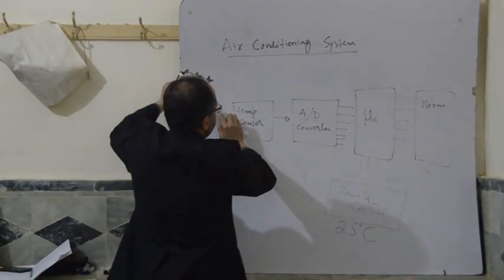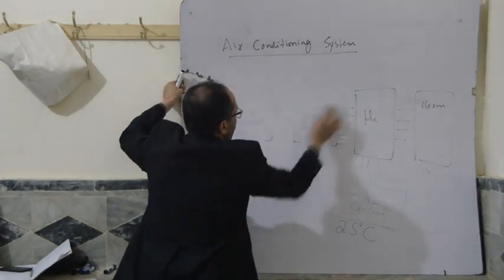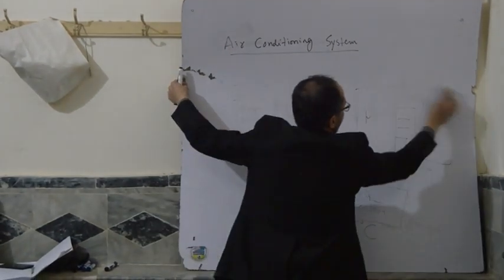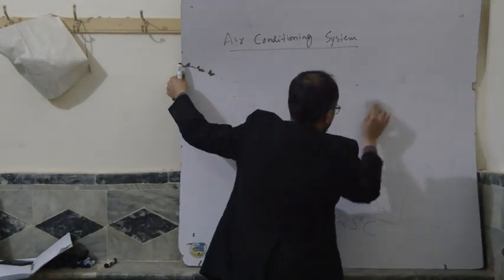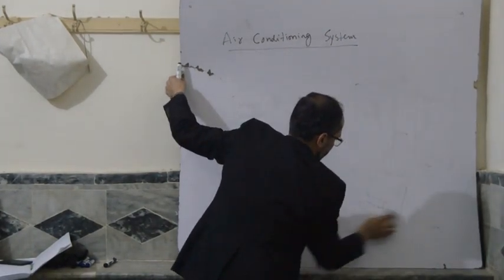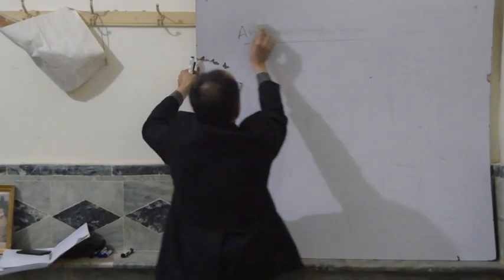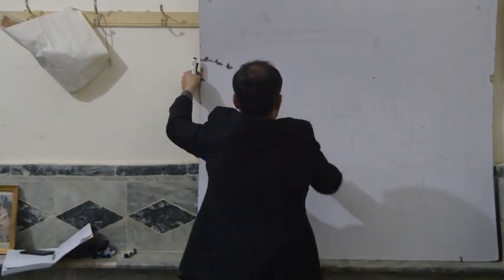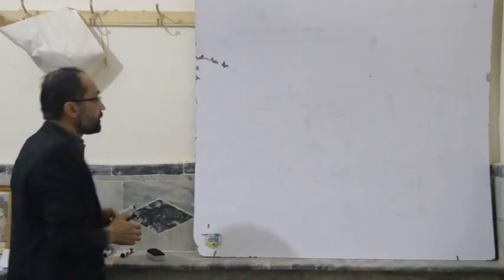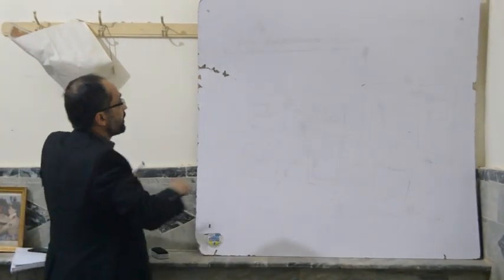Another example of an embedded system is a line tracking robot.